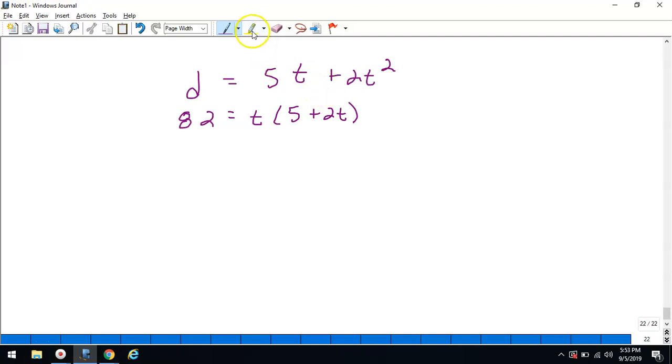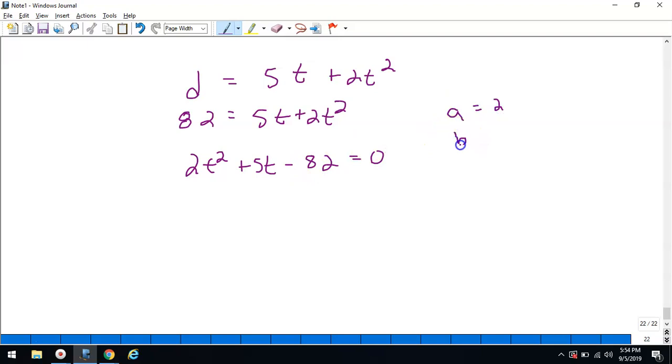Let's not do what I just said, and instead let's just use the quadratic formula. I bet that's going to be the easiest way. So we're going to have 2t squared plus 5t minus 82 equals 0. So a is equal to 2, b is equal to 5, and c is equal to negative 82.